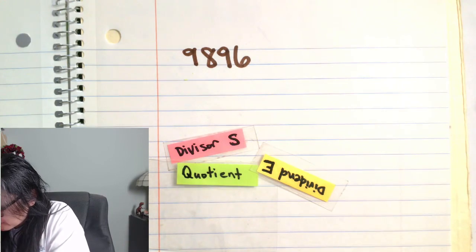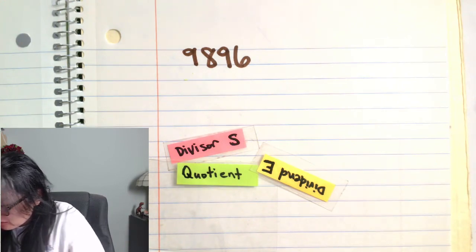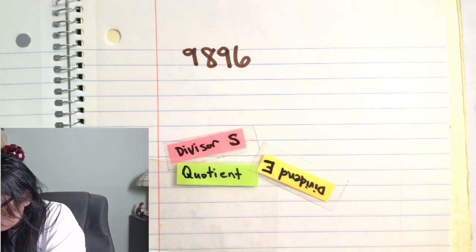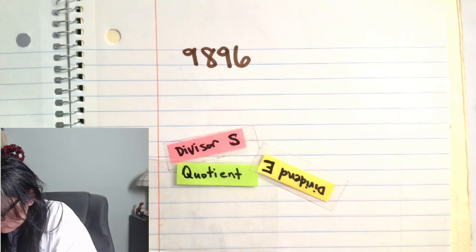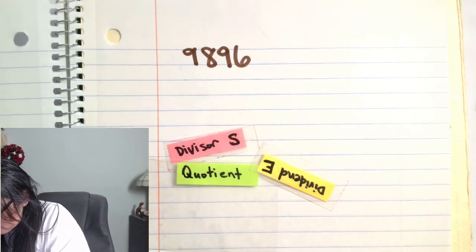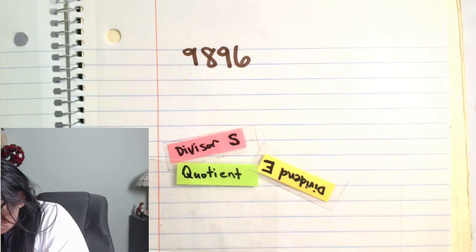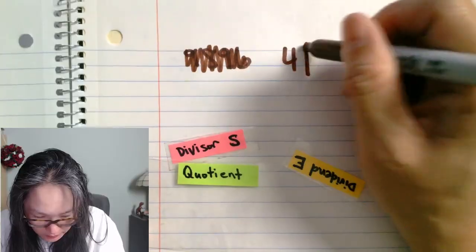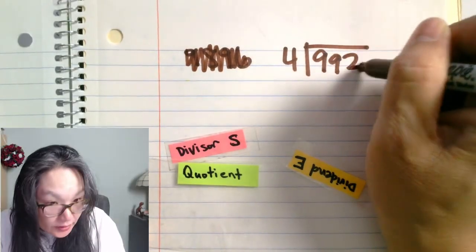Let's see. Nope, that's too many. Divide that by 4. Okay, here. This is better. So 4, 9, 9, 2. There we go.